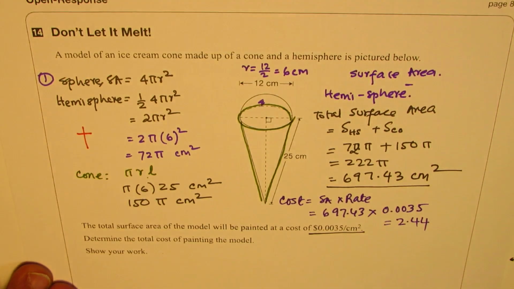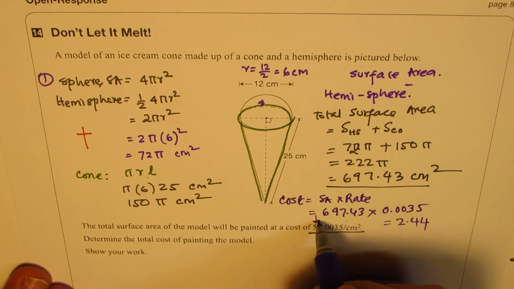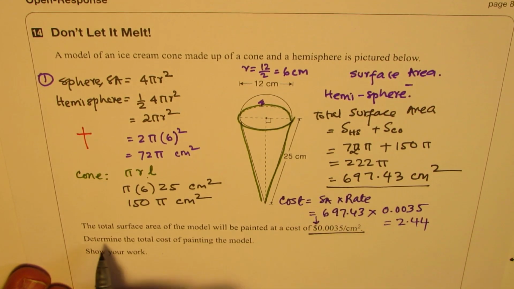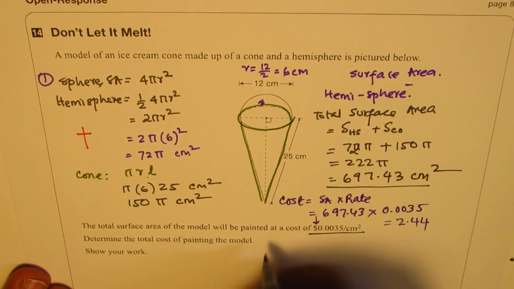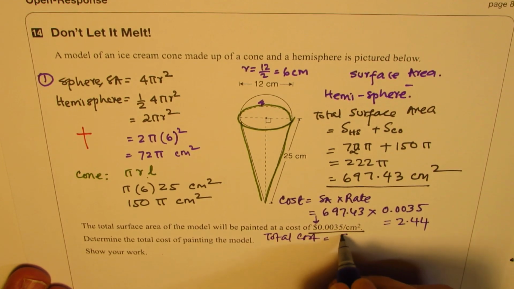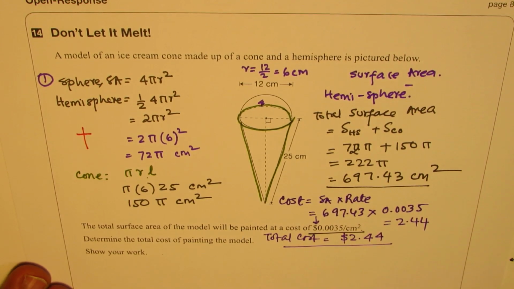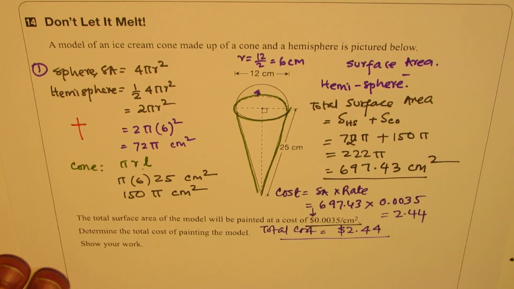So that is the cost. And the cost is in dollars, right? So mention dollars here. So determine the total cost of painting the model. We have total cost as equals to, in dollars, $2.44. Is that clear? So that is how you're going to answer this question.